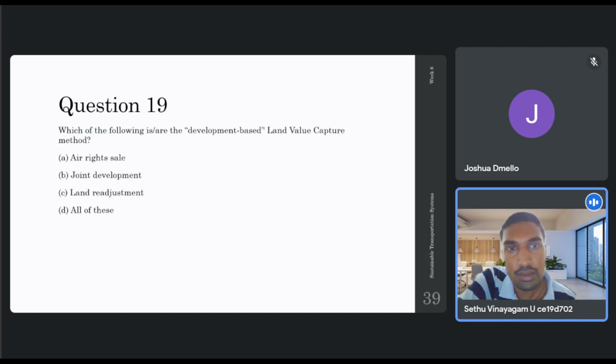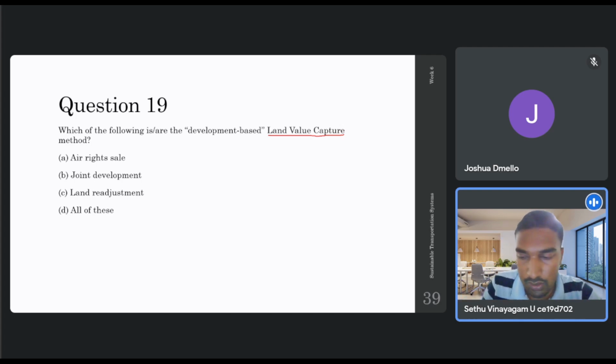Right? So what is land value capture? Basically, when we are doing a transit oriented development or any other development project, the value of the land in the surrounding region will increase, right? The government is investing in a project and developing that particular project.